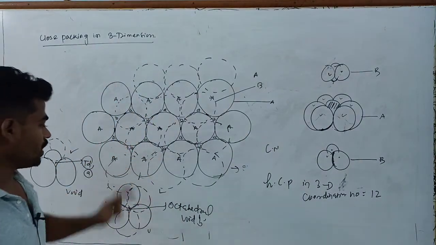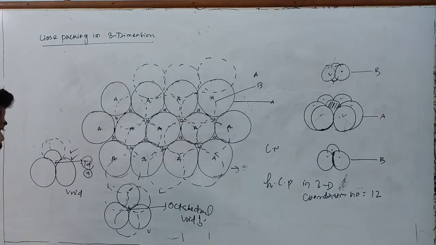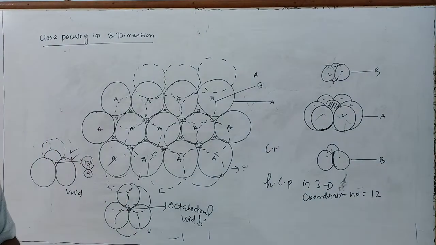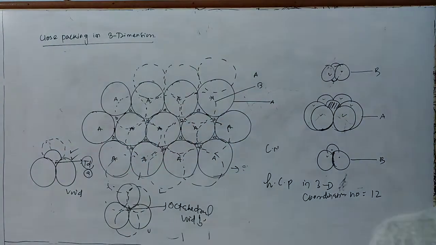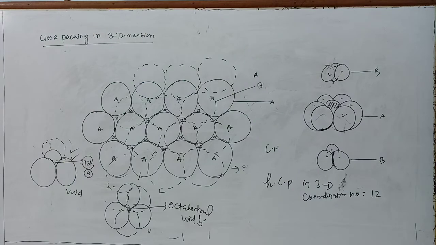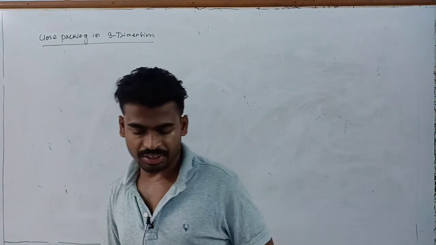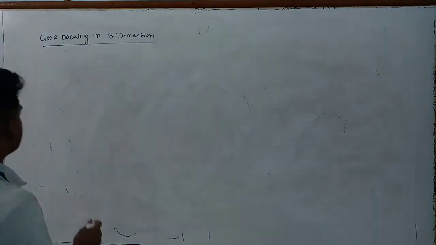And just remember, 2 types of void we have got. One is the tetrahedral void, coordination number 4, 4 spheres are there, and the octahedral void, coordination number 6. Is that clear? So now, in hexagonal close packing in 3 dimensions, we get a hexagonal unit cell. How? You just see.